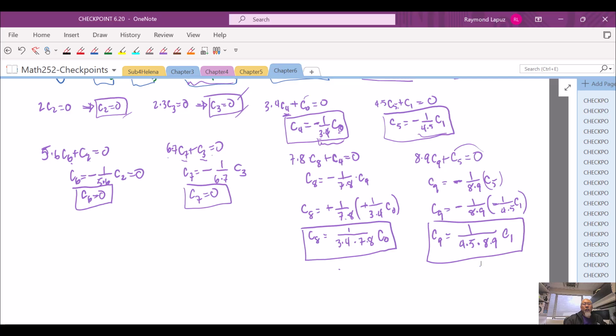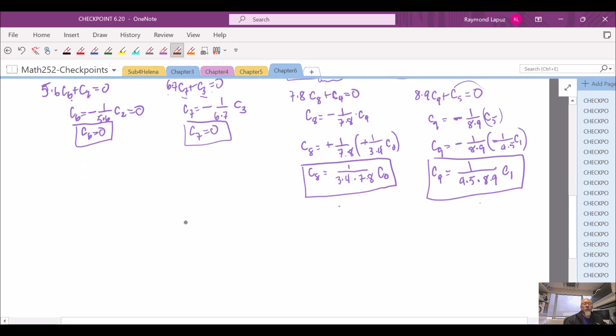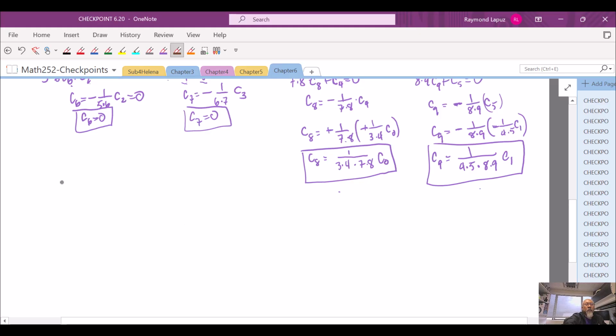if we look at our original, what we said our solution was, we said that y is equal to c sub 0 plus c sub 1 x plus c sub 2 x squared plus c sub 3 x to the third plus c sub 4 x to the fifth. We went all the way up to c sub 9. Maybe we'll write that out.